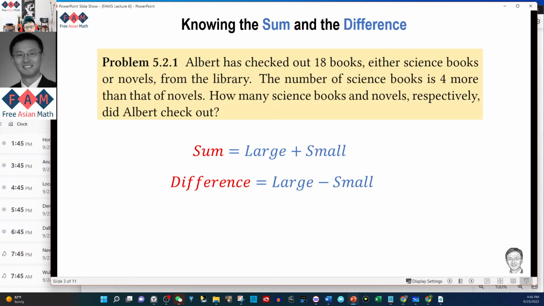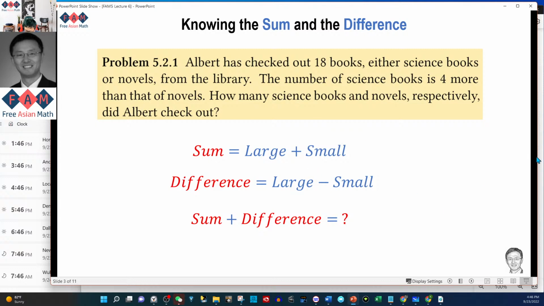That's the relationship we were given. We know the sum, we know the difference. We just don't know the original large or the small, the original quantity. Now, from this sum and this difference, we want to figure out the original large or small. How do we do it? Well, what if now we add the sum and difference directly?